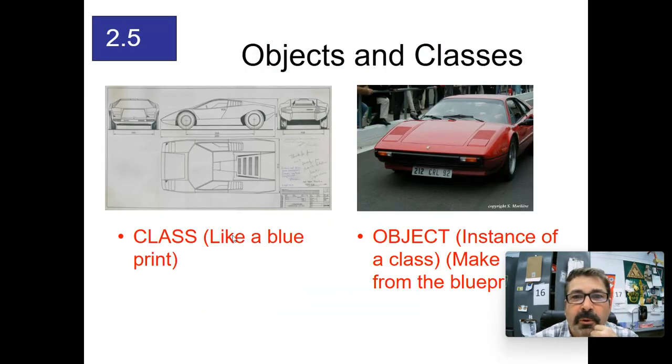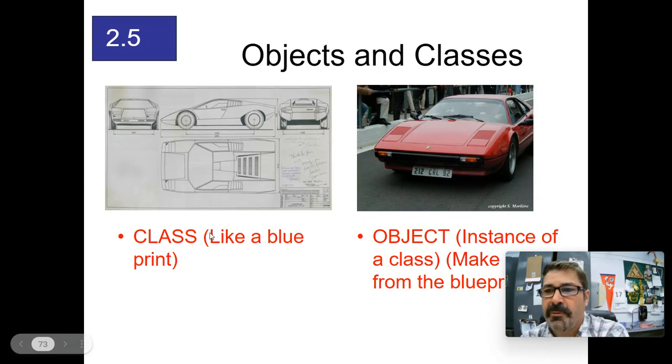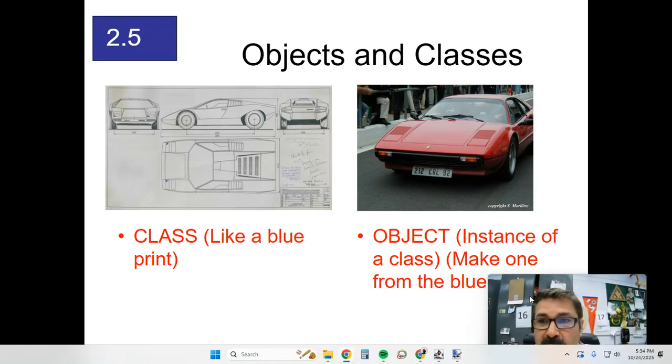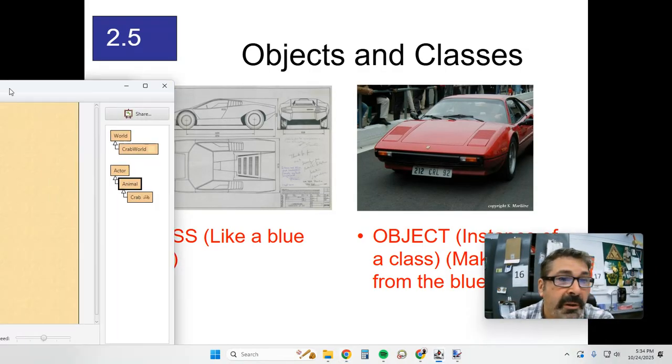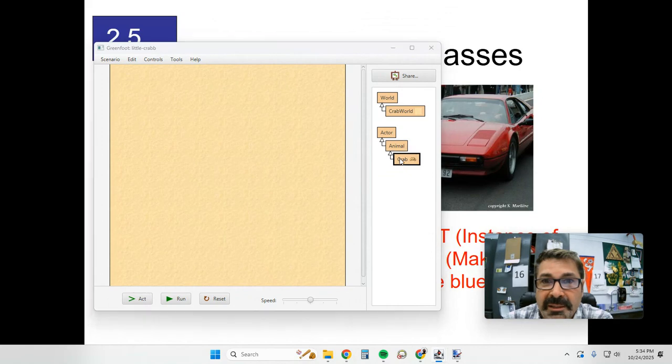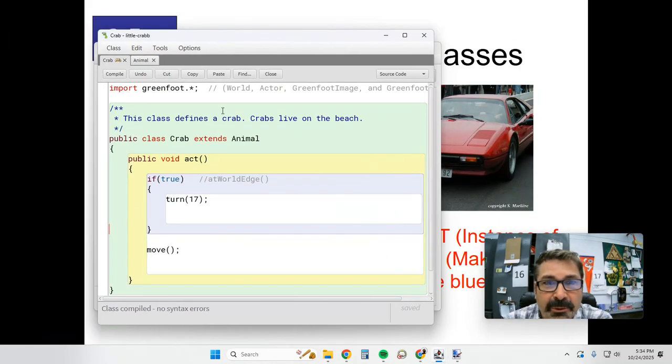Okay, write this down. We've gone over this before, but it's worth going over again, trying to get you ready for the test. A class is like a blueprint. The object, or an instance of the class, is when you make one from the blueprint. Right now, this is the crab class. So here are the instructions we gave it. This is the blueprint.